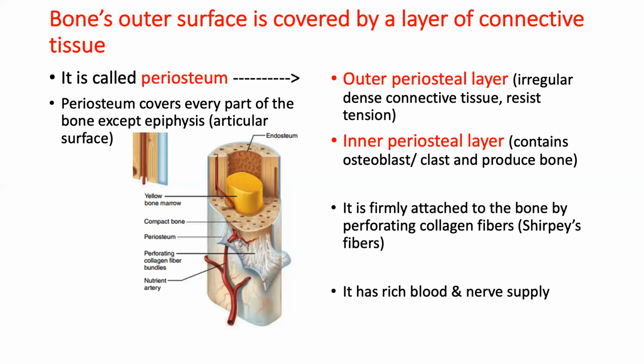And the periosteum is attached to the underlying bone by dense, thick, strong fibers, which are called Sharpey's fibers. These are collagen fibers. And as we know, the bone has very rich blood and nerve supply.